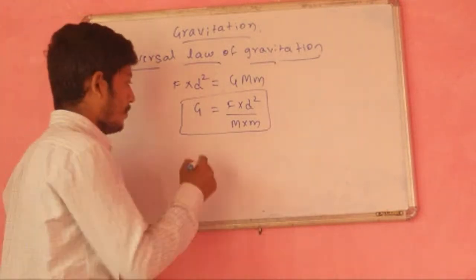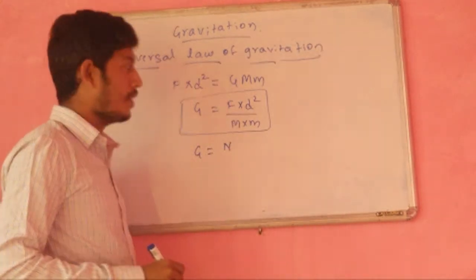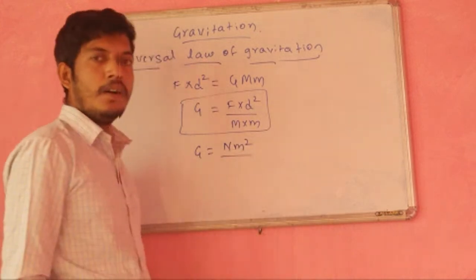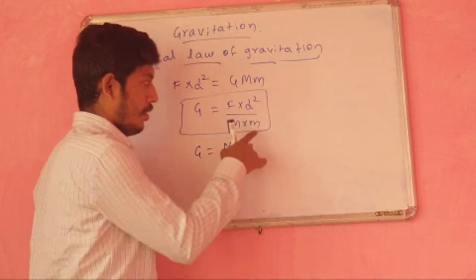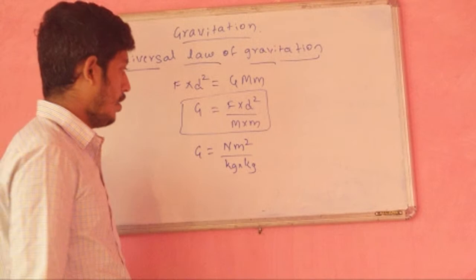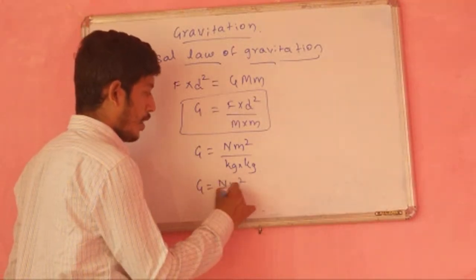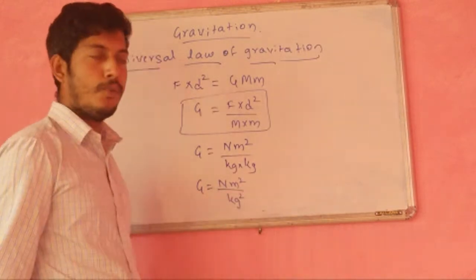So it becomes G equals force in terms of Newton, and d square is in terms of meter square. Mass capital M is in terms of kg and small m is in terms of kg. That's why it becomes G equals Newton meter square per kg into kg, which becomes kg square.